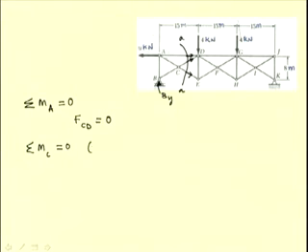So, we have the 9 kilonewton force and the force in AD. So, 9 minus the force in AD is the resultant force at A, and the moment arm of these forces about C is half of this distance, that is 8 meter, which is 4.